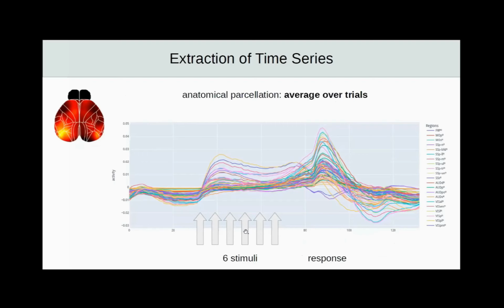We obtain this kind of traces. So here they are smooth and nice because they correspond to the average of many trials. And you can see the presentation of the 6 stimuli here, when you get a rise of activity for some region, and then at this time here, we have a peak, the time of the response.